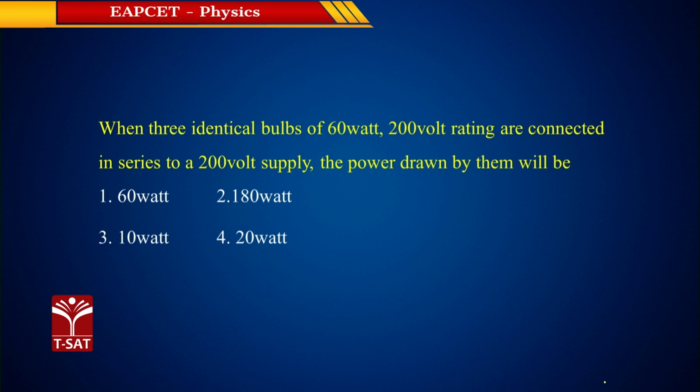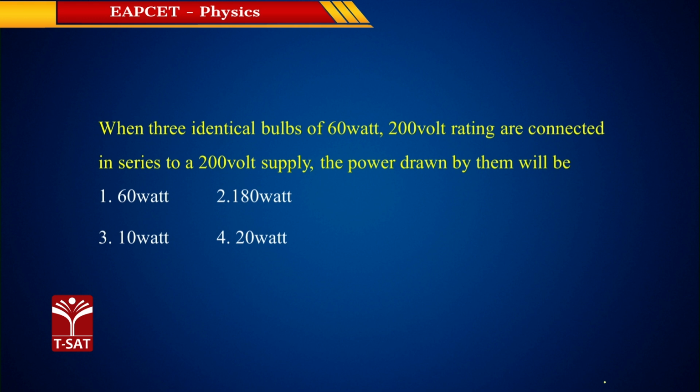Here, when 3 identical bulbs of 60 watt, watt is the unit of power, 200 volt rating are connected in series to a 200 volt supply. The power drawn by them will be, here when 3 identical bulbs, what happened here?